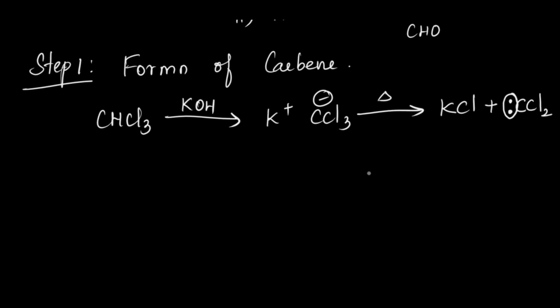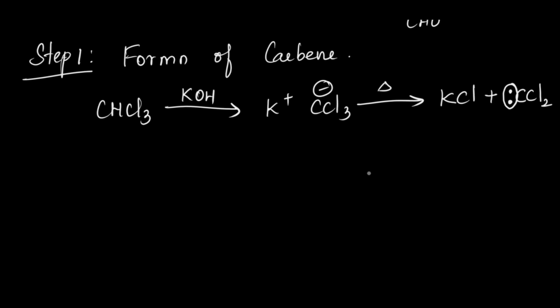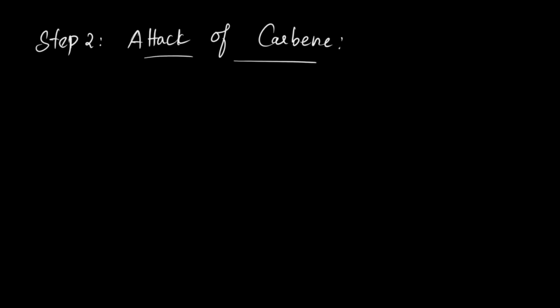The next step is this carbene is going to attack the phenol ring. Step 2, attack of carbene to the ring. So what happens over here? Let me take phenol. Always while you are writing the mechanisms, take the phenol with the double bonds, not with the ring. Okay, so I'm having carbene.